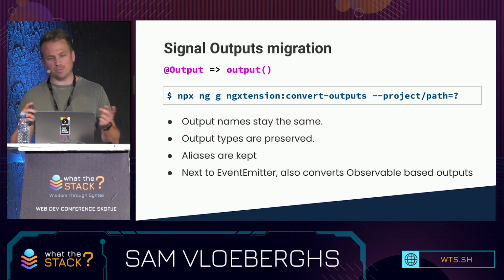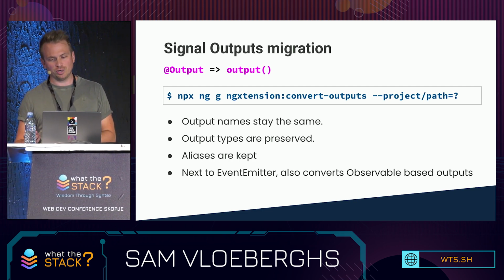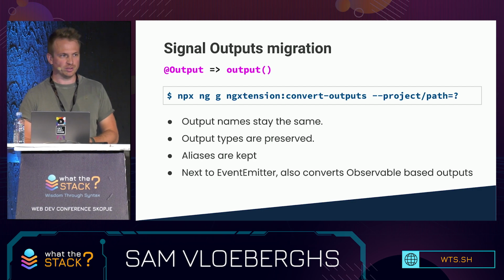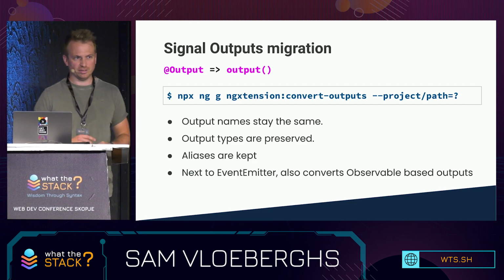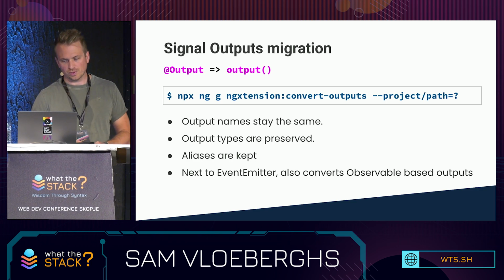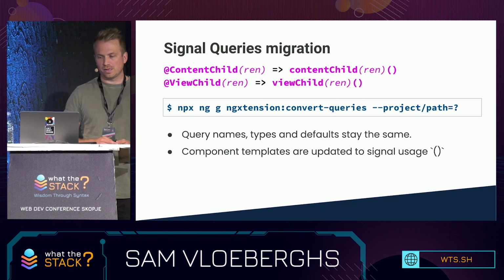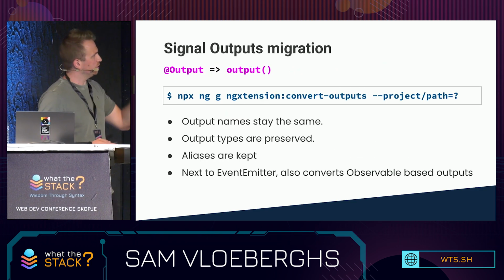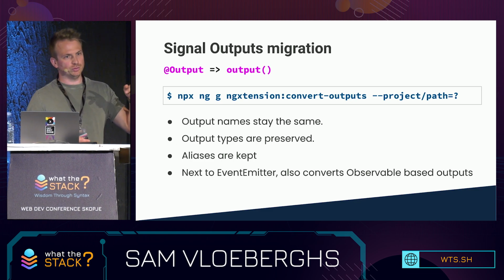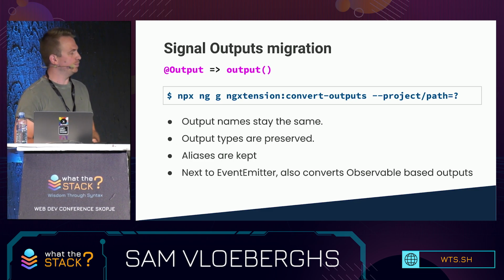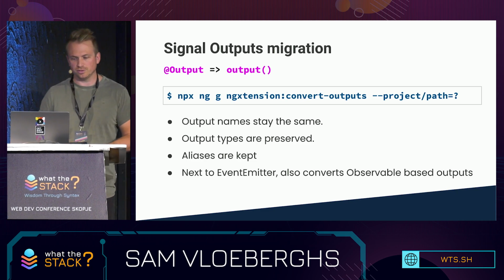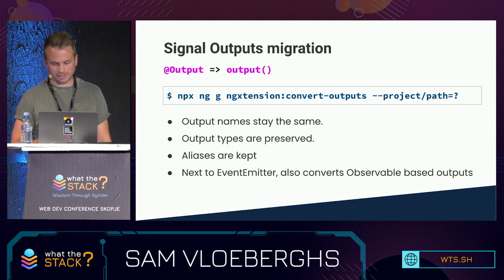The decorators for output are looked up during the schematic run and converted to signal-based outputs, preserving output names, types, and default values. Good to note is that typically outputs use event emitters, but some people might also use observable-based outputs. Those are also updated using that schematic.